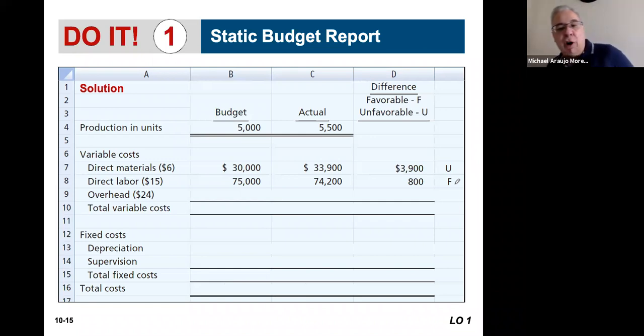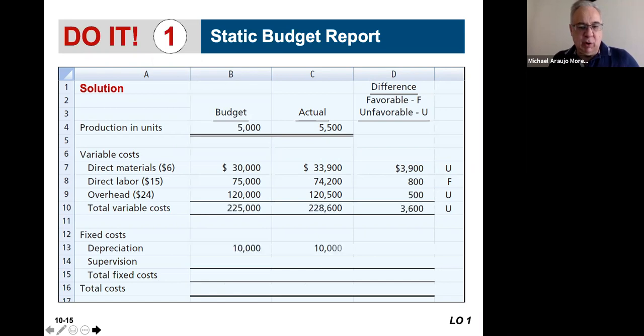So for costs, if you're below cost, it's favorable. If you're above cost, unfavorable. The overhead was budgeted at 120. It actually cost 120,500, 500 more than expected, and so it's unfavorable. And so your total variable costs were $3,600 higher than you expected, so it's an unfavorable difference.